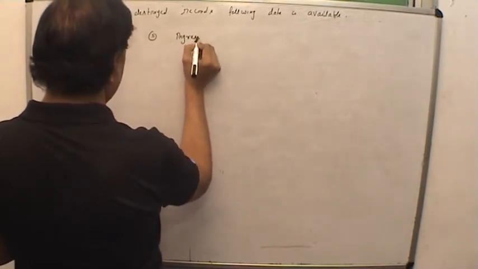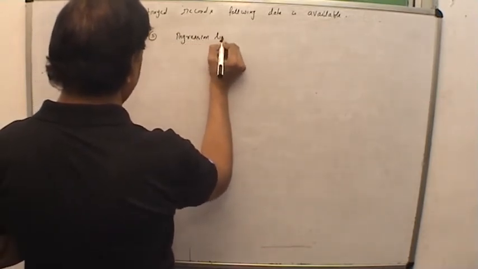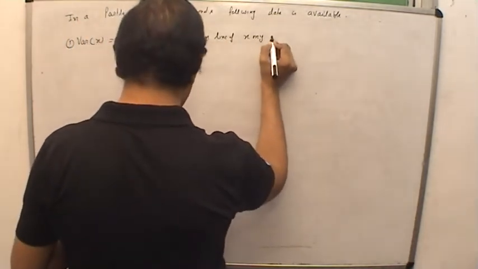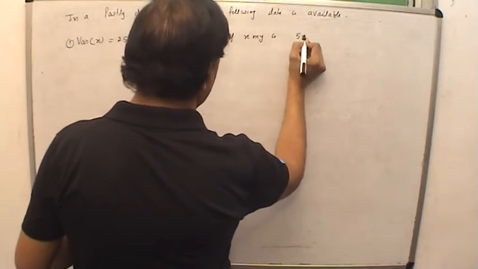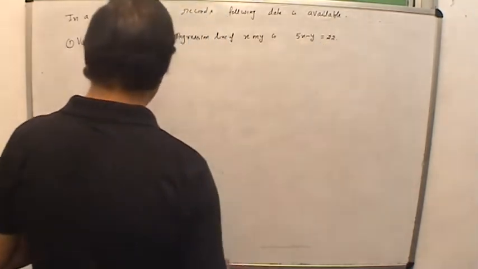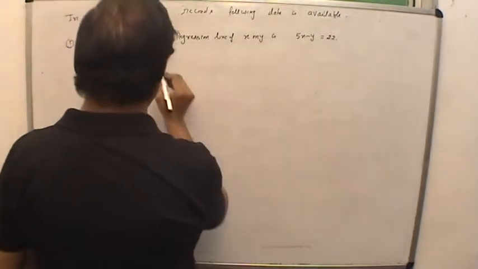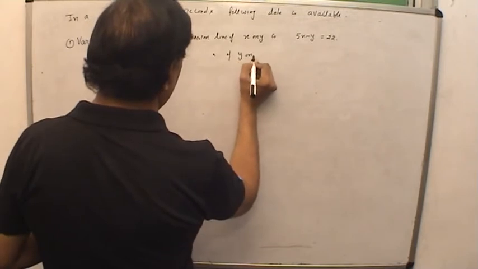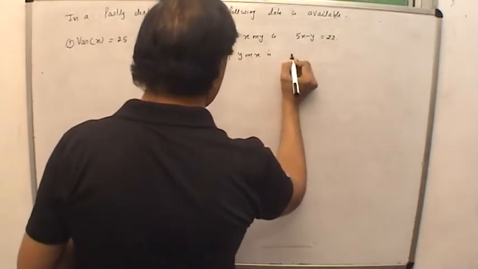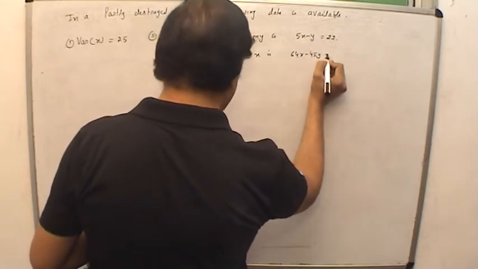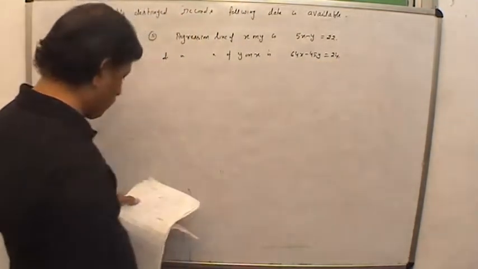The regression line of x on y is 5x minus y is equal to 22, and the regression line of y on x is 64x minus 45y is equal to 24.